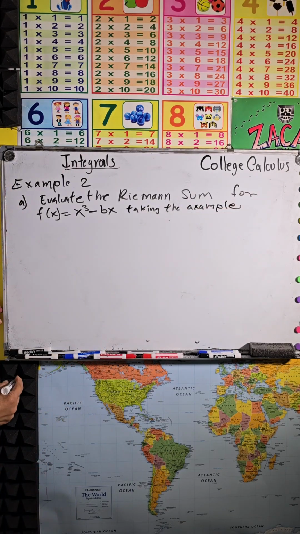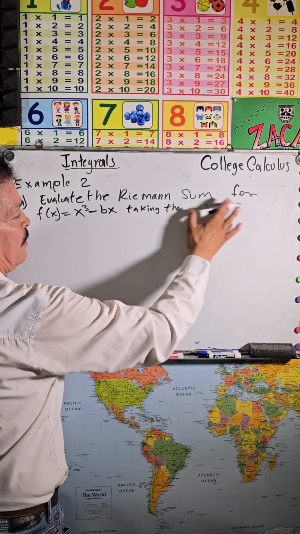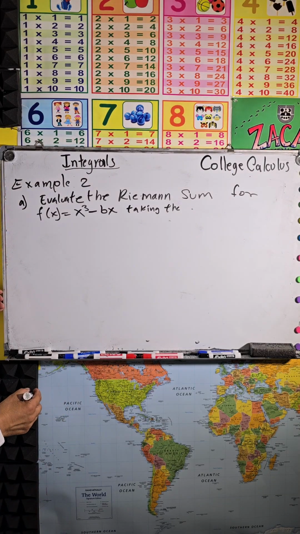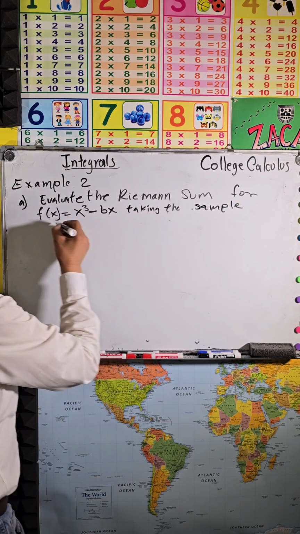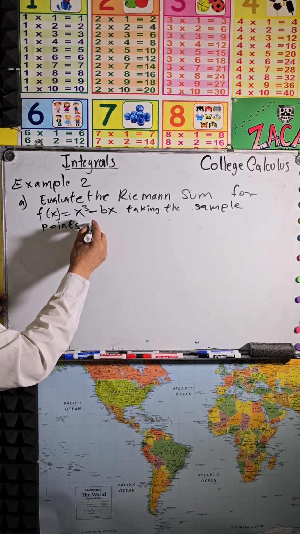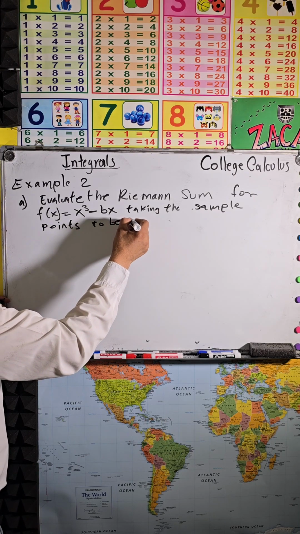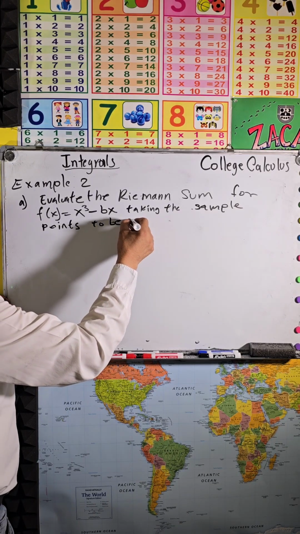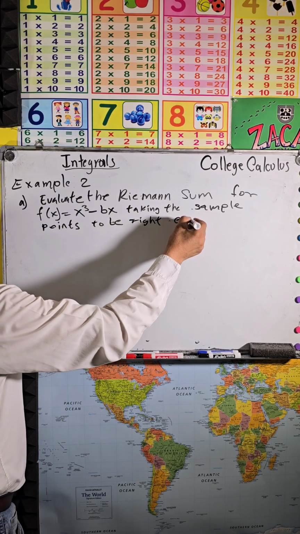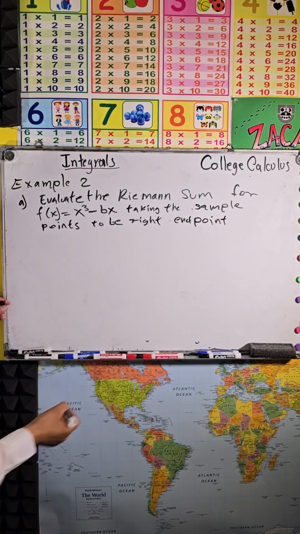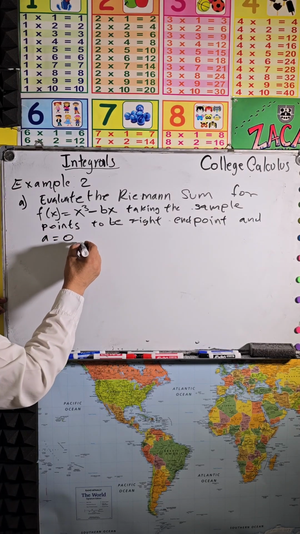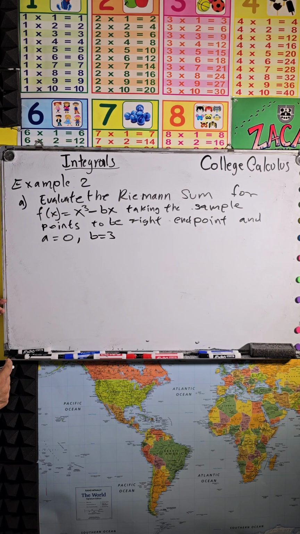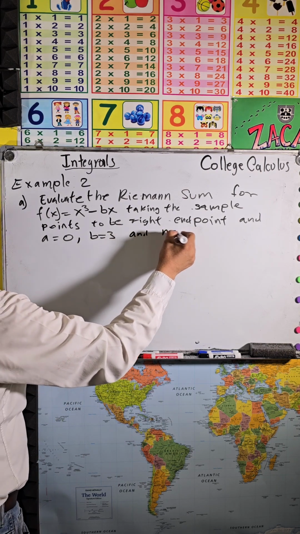Taking the points to be right endpoints, with a equals 0, b equals 3, and n equals 6.